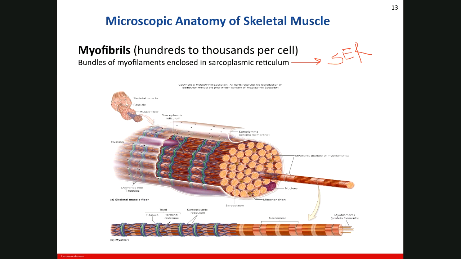Here you can see the myofibrils, and let me bring my pointer. This is the myofibril, and each myofibril is composed of many myofilaments. And the myofilaments are wrapped by sarcoplasmic reticulum. I have a better picture to show them to you.